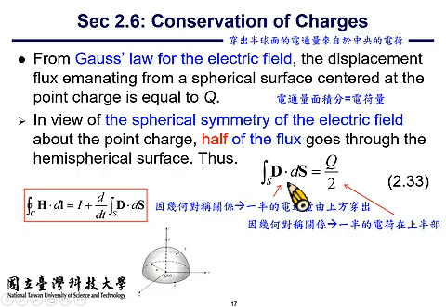closed surface integral of D in this region, say that we have not only the upper hemisphere, and we also have a bottom hemisphere.